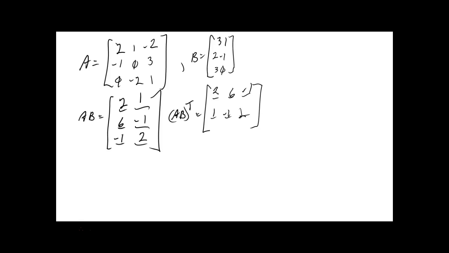Next thing we wanted to do is B transpose. What size will that be? B transpose. 2 by 3. And what will its entries be? All right. And how about A transpose?